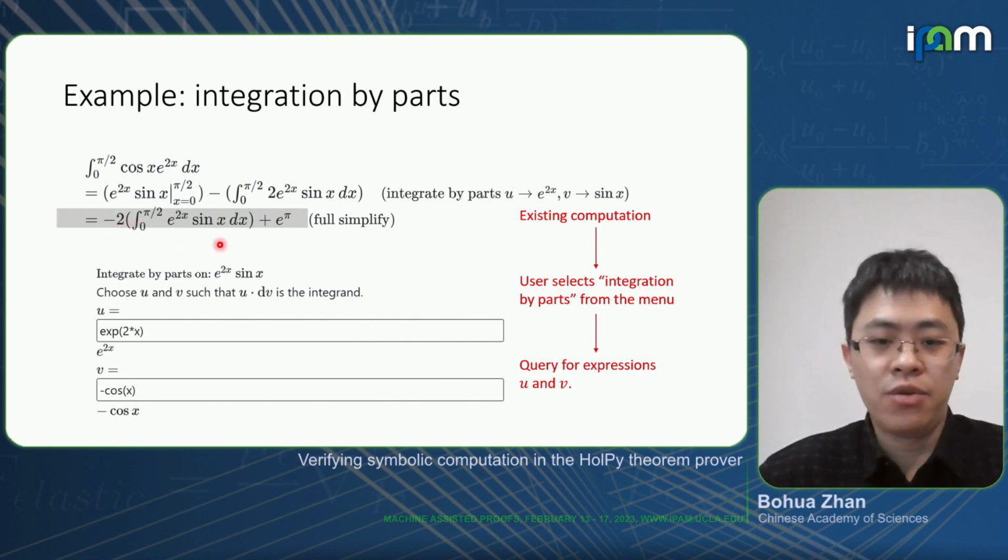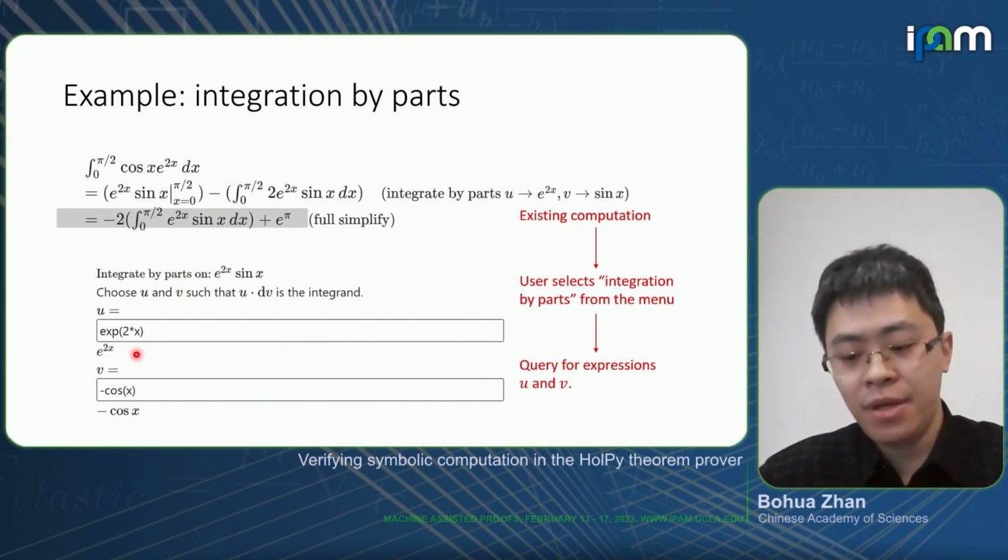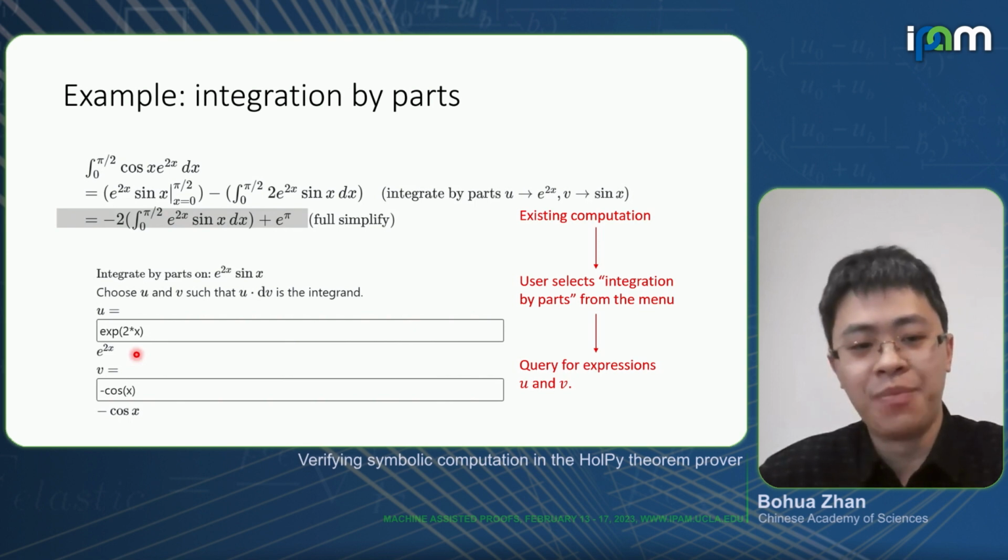The way it works in our tool is that at this stage, the user would select integration by parts from the menu, and then the tool would give this dialog that queries for the parameters that are required. In this case, the expressions u and v, such that u times dv is the integrand. So the user can enter the expressions in the dialog here, and the tool very helpfully shows the LaTeX form of the expressions. And all this will be shown in the demo later.